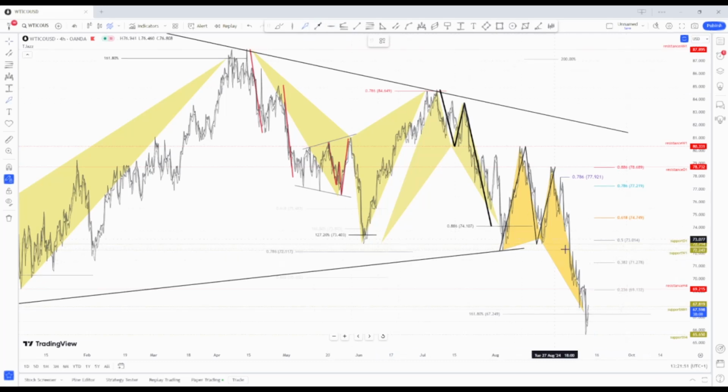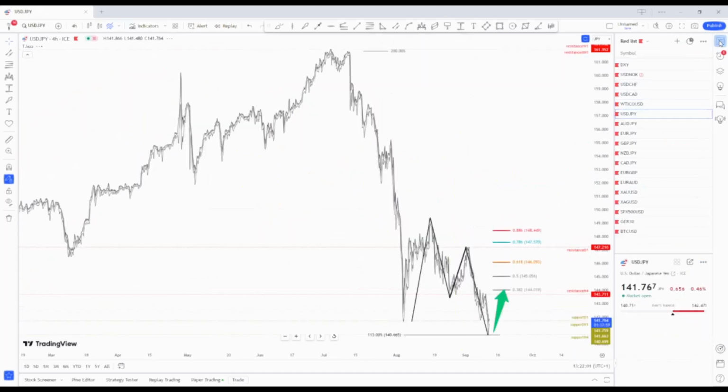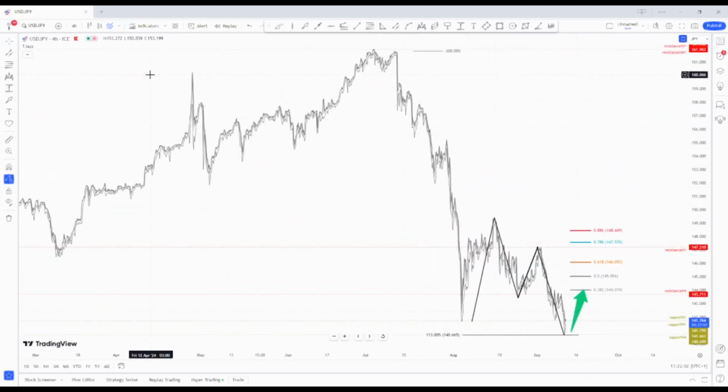So I admit, based on the formation of this pattern, a move towards $71.27 for crude oil.